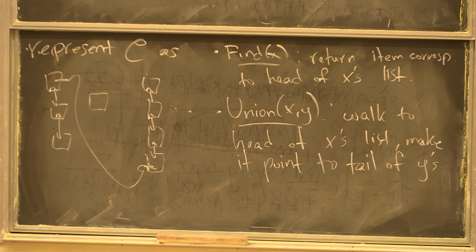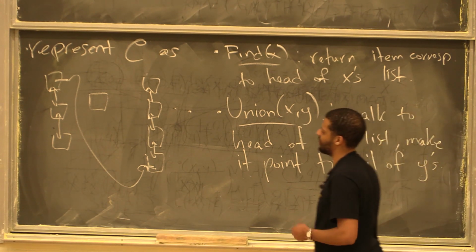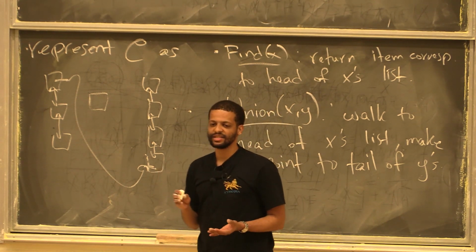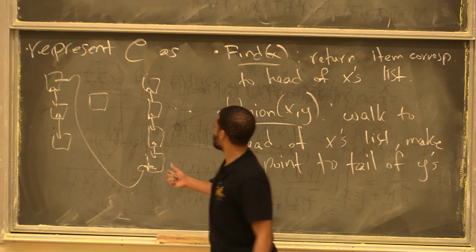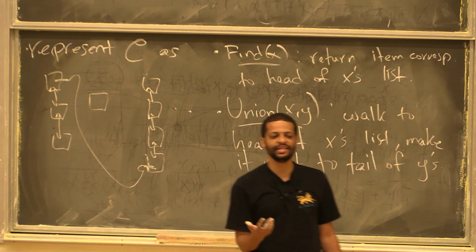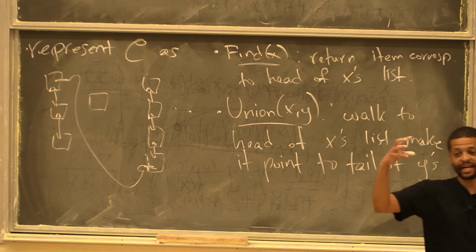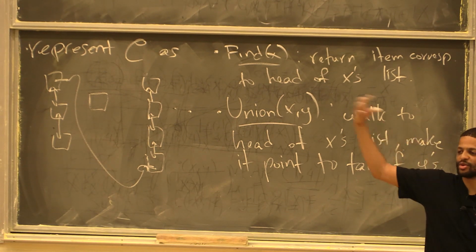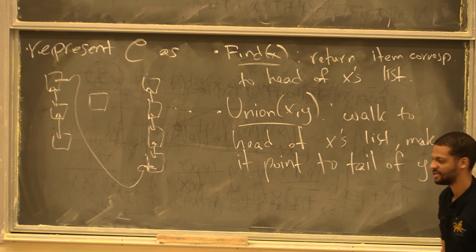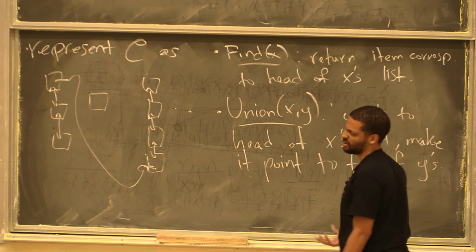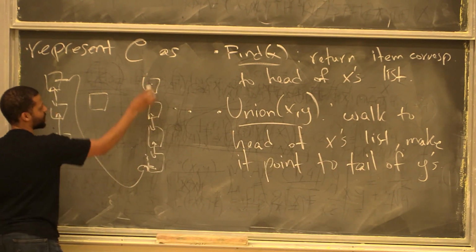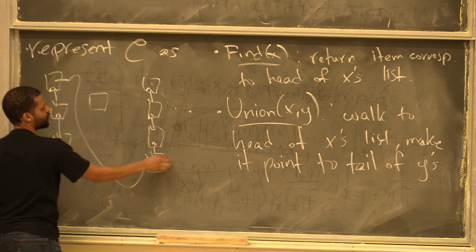And let me just note right now, because I'm going to use it in an optimization that I'll discuss soon, I could also make it singly linked, where I only have pointers going forward toward the head. And then I could also maintain the invariant that the head node remembers who its tail is. And I can maintain that fact under unions. So Y goes to its head, and the head remembers who the tail is.